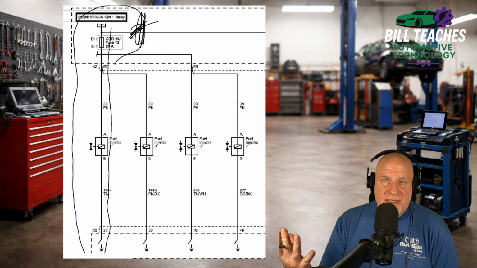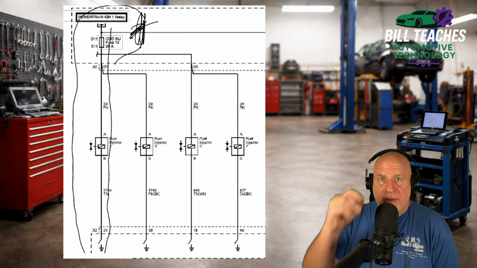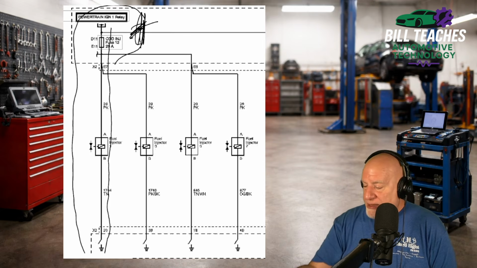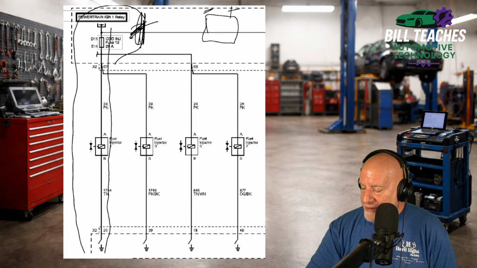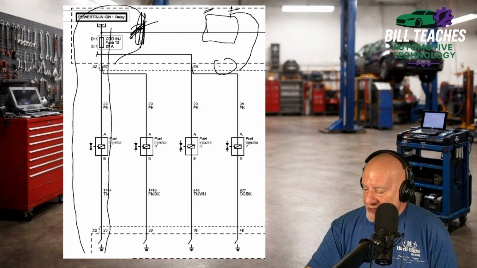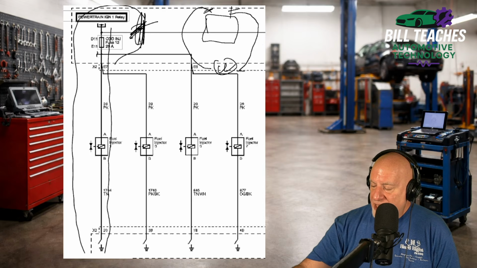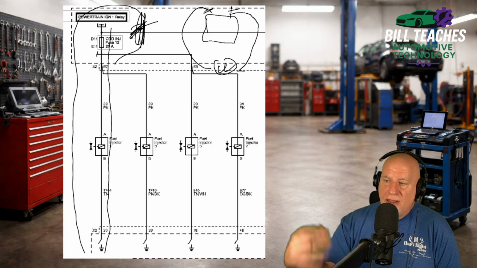Hope that makes sense. A circuit is a complete circle. So think about the battery right here, positive, negative. It comes from the positive, goes through whatever device we have here, and current returns back to the negative side. That is a closed circuit.